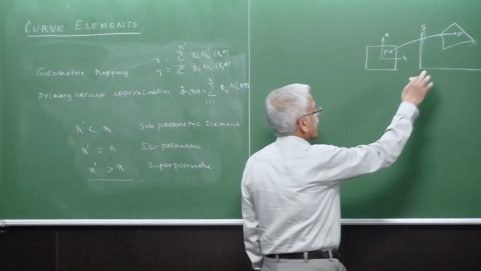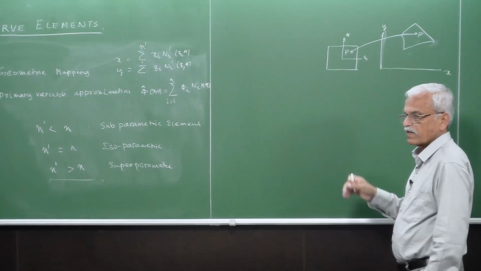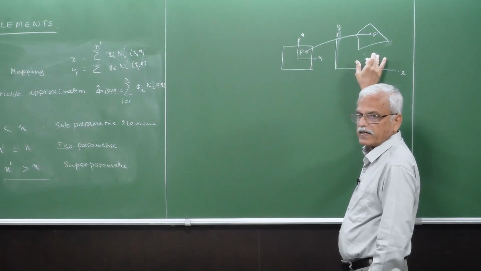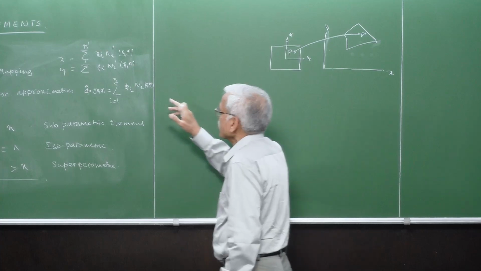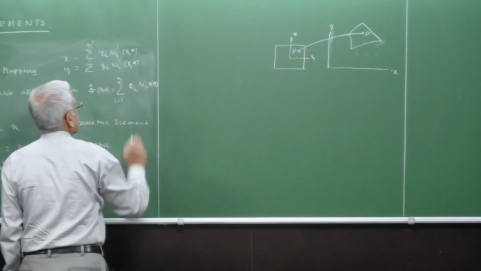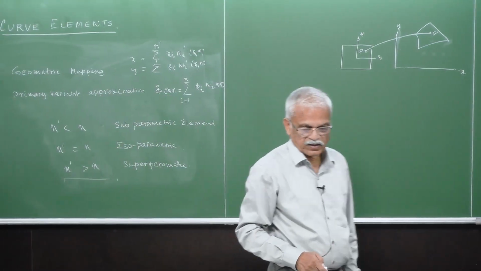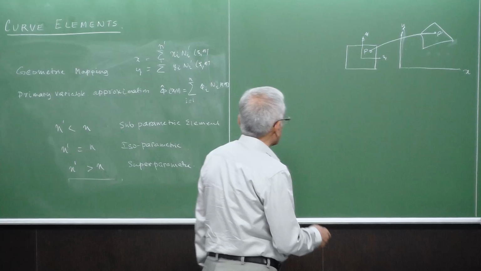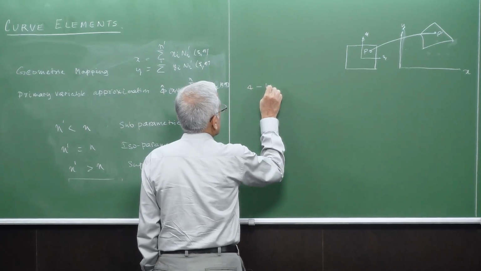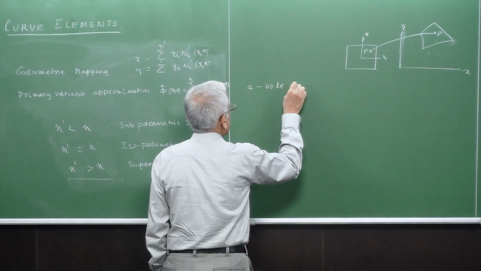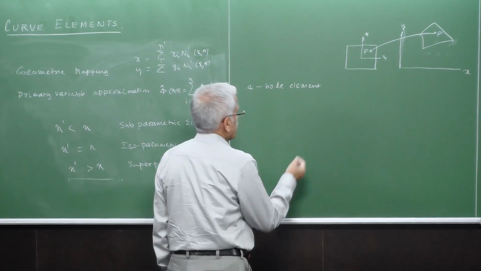While we have to actually deal with the curved element as such, the derivative has to be done here in the xy variables, while the functions here are prescribed in terms of xi eta. So the first thing is the transformation. Let us just take as an example a 4-node isoparametric element.